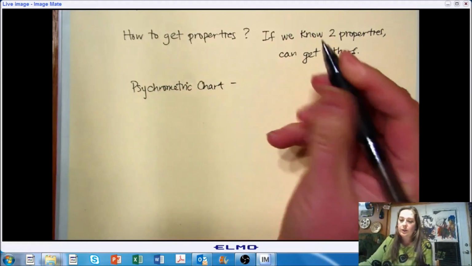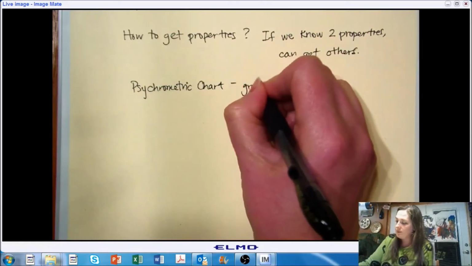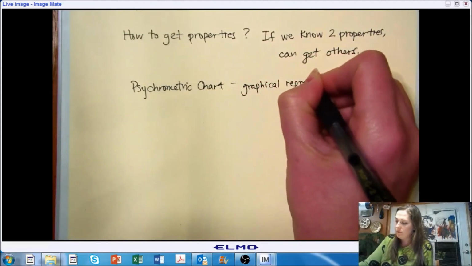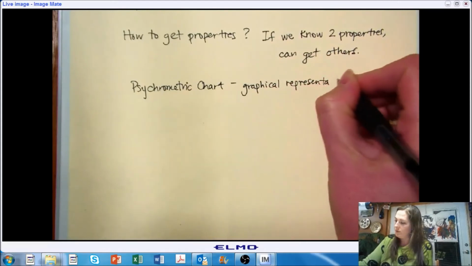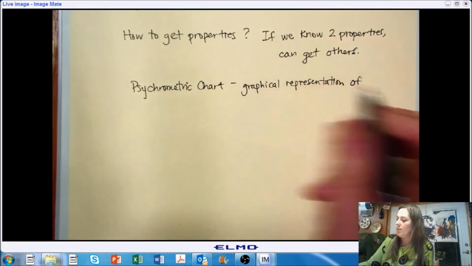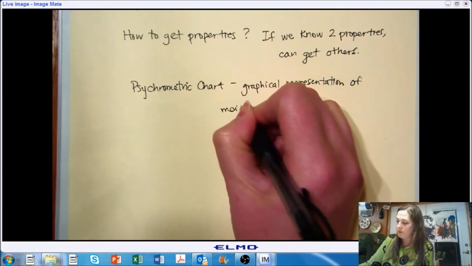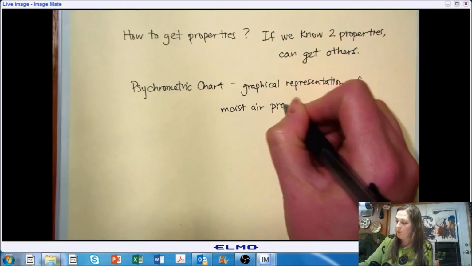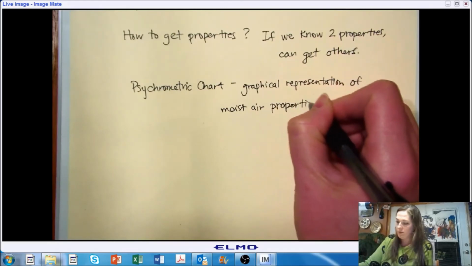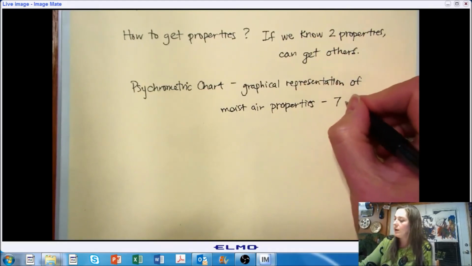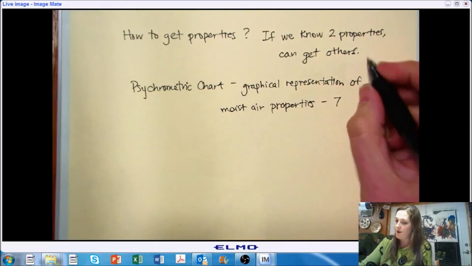The psychrometric chart is a graphical representation of our moist air properties. And it's comprised of 7 of the properties. You can get 7 properties directly from the chart. You have to know 2, and then you can get the other 5.